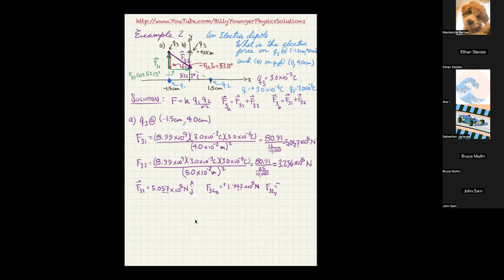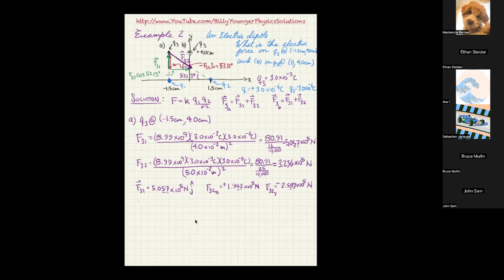And that's going to give me 2.589 times 10 to the 5th newtons. And of course, the 8 and the 9 are not sig figs.